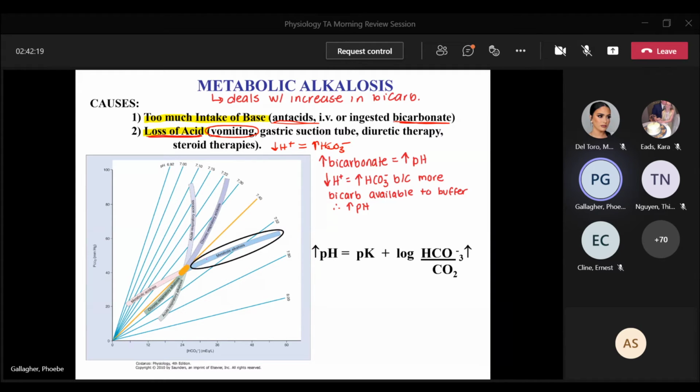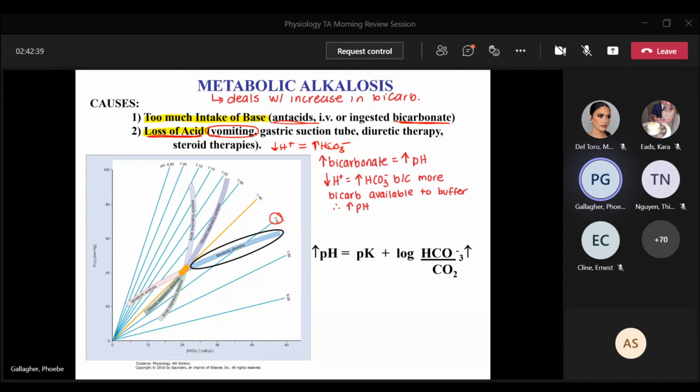So looking at the graph here, metabolic alkalosis is obviously going to lead to a higher pH, so it will likely cross the higher pH lines here. And you'll also see an increase in bicarb because of what we just discussed. So your bicarb concentration is going to increase.